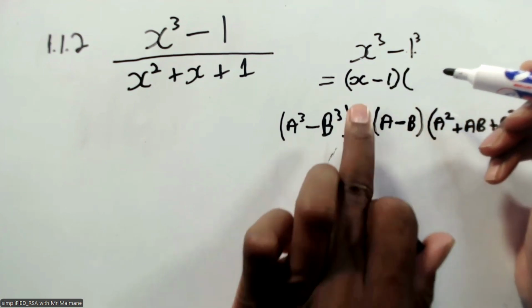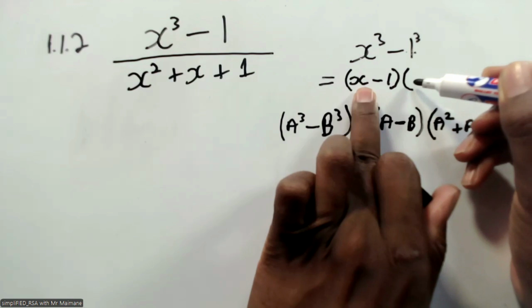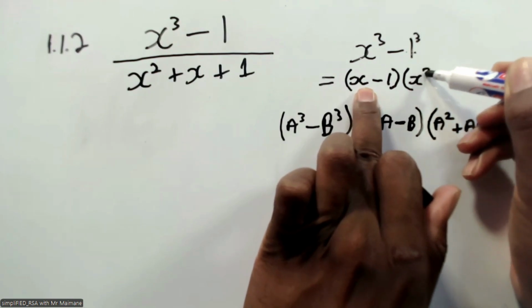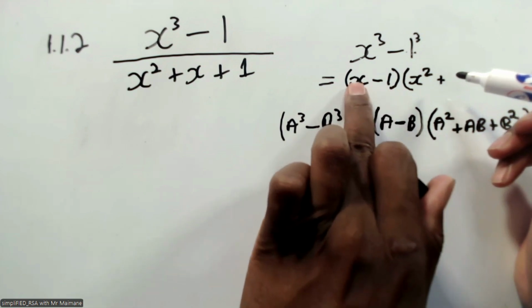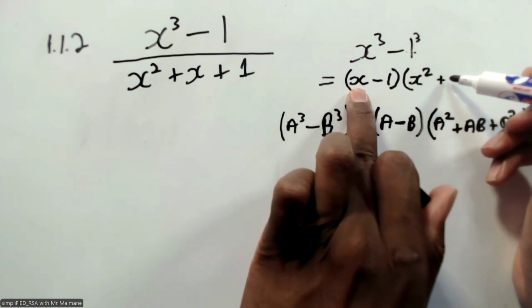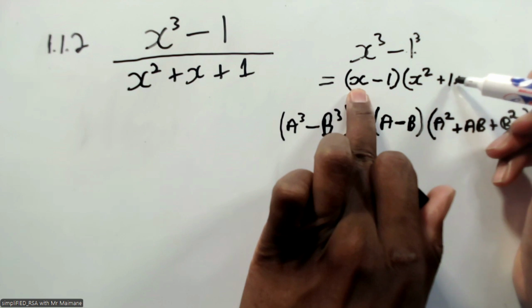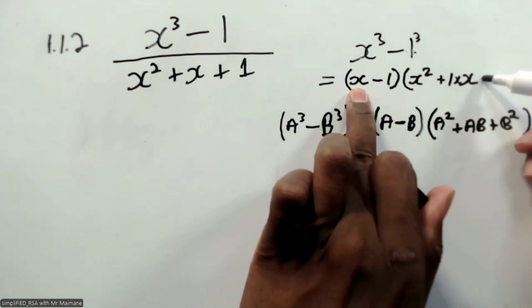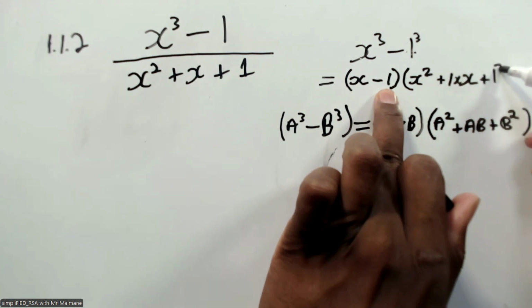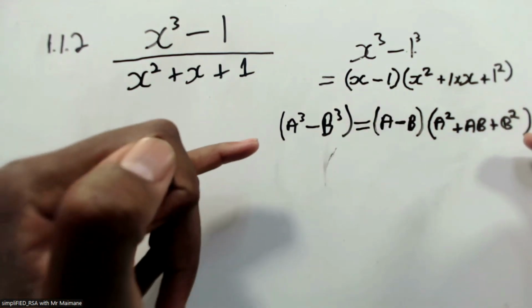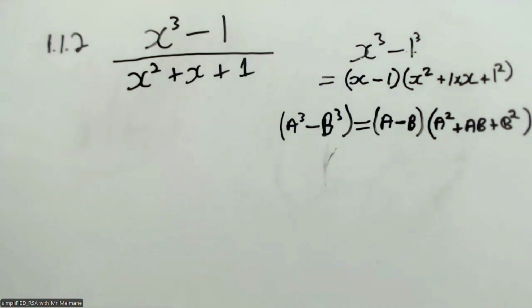Therefore, the next step is I will square the first term, so it would be x squared, and then I would add the product of the two terms, multiplying 1 times x, and then I will square the last one, which is 1 squared, like that. So I directly applied the formula for the difference of two cubes.